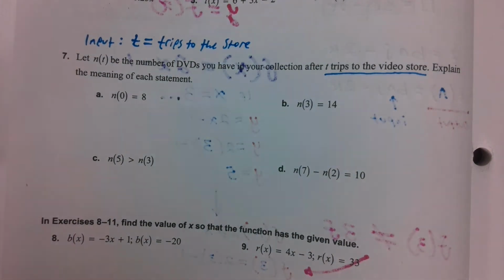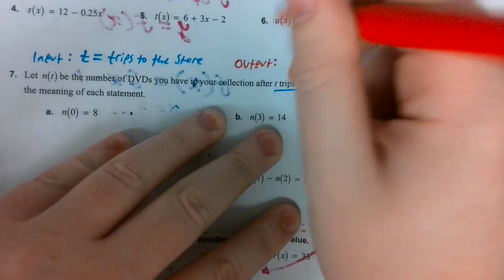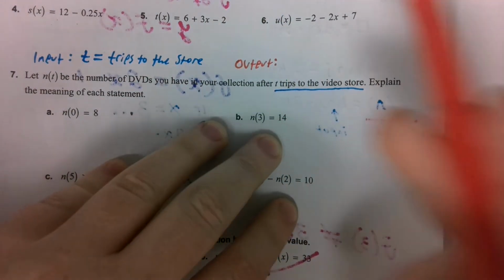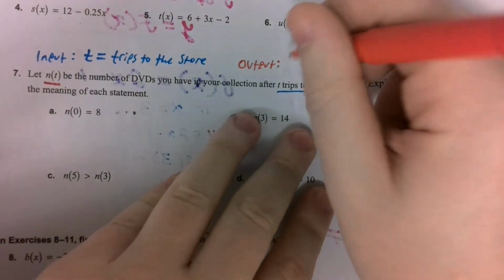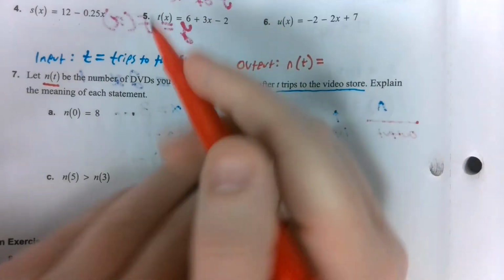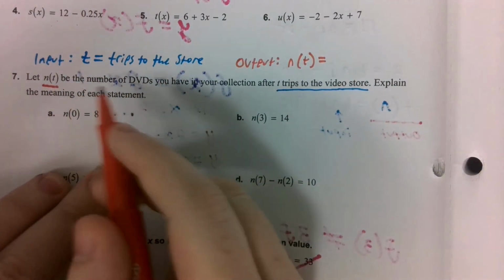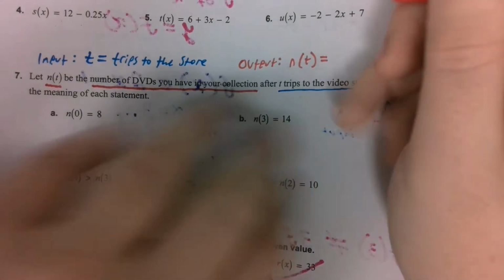We then want to ask what the output is, and the output is usually harder to determine. But as a reminder, your output is just going to be this whole statement, n of t. What does it say n of t is? Let n of t be the number of DVDs you have in your collection.